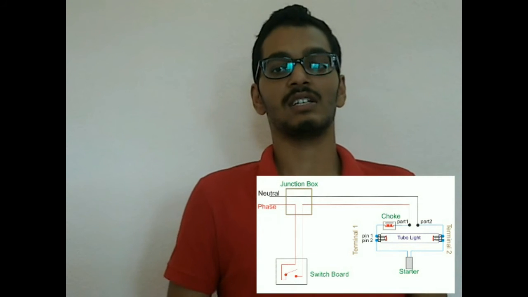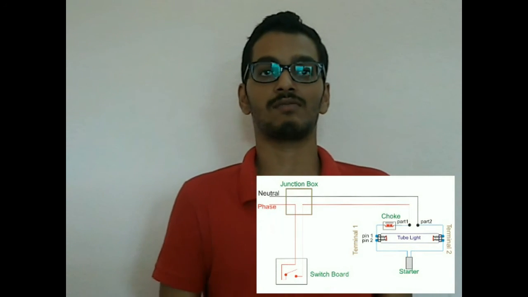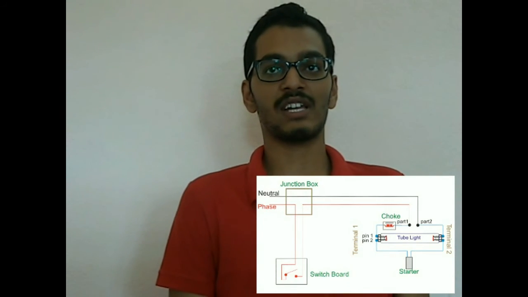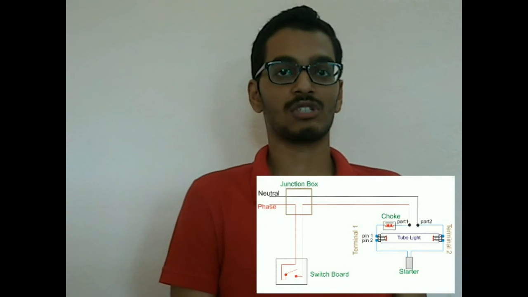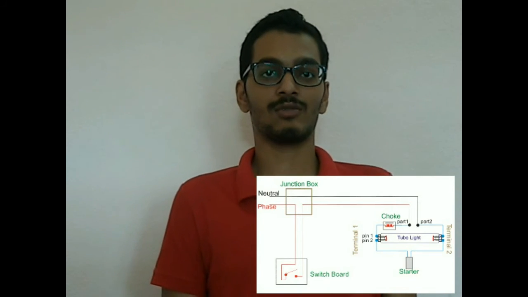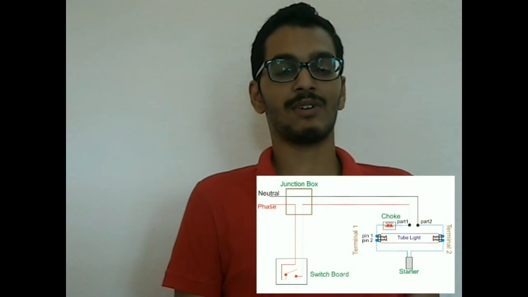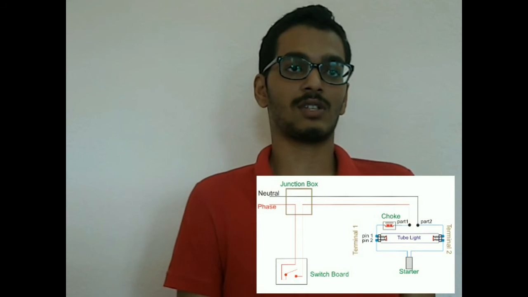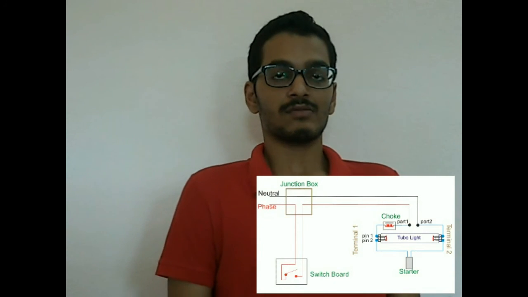That's why it continuously switches on and off, due to which the choke coil, or inductor, produces a very high voltage, because we know that the voltage across an inductor is given by V equals minus L di by dt. Here the di by dt value is very high. That's why the voltage produced is around the required order, and that's why we can make a tube light glow.